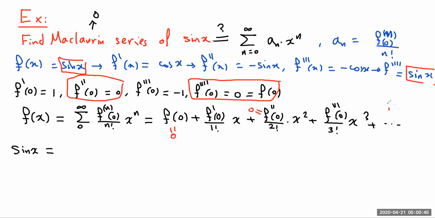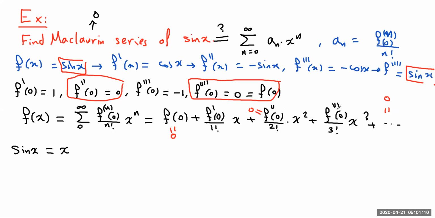So only the odd derivatives will be not 0. So f derivative at 0 will be 1. So I have 1 times x, so it's x. And here 0, then here x^3.